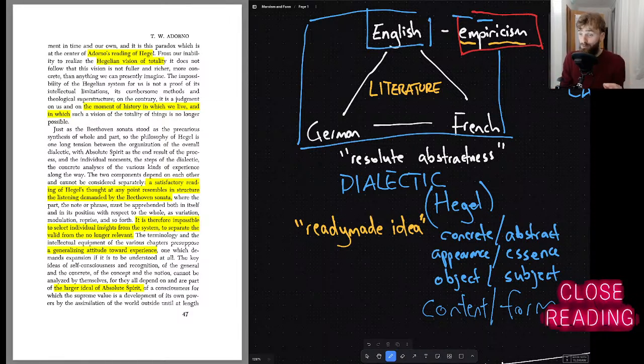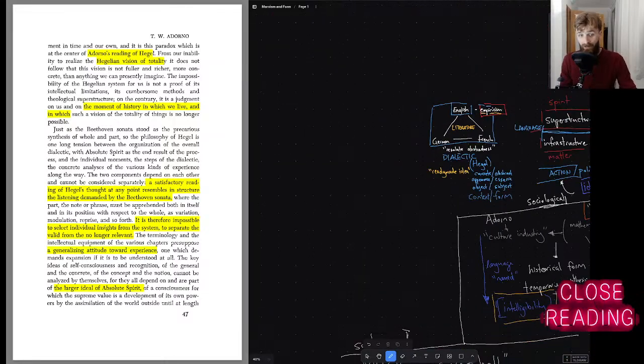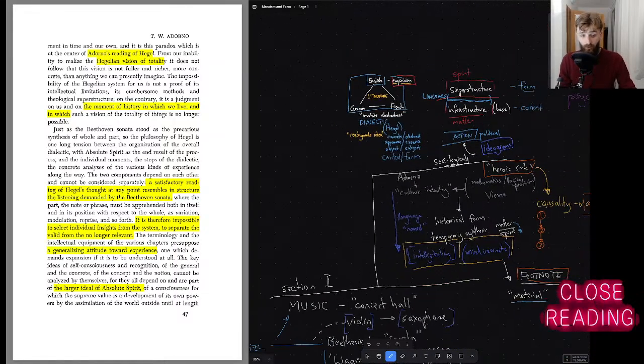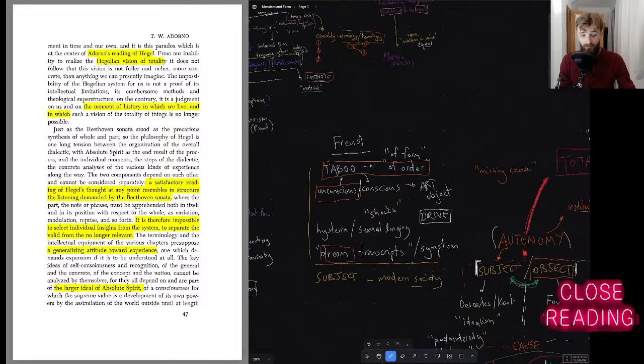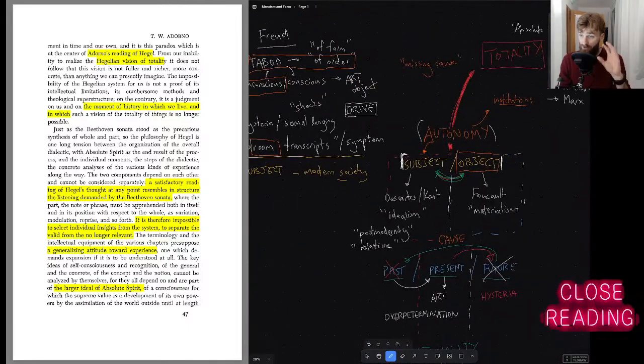They refuse to look at the world through ready-made ideas, right? They insist on the dialectic. They insist on all of these dynamics that we've talked about. They insist on analogy as a way of getting to concretion.